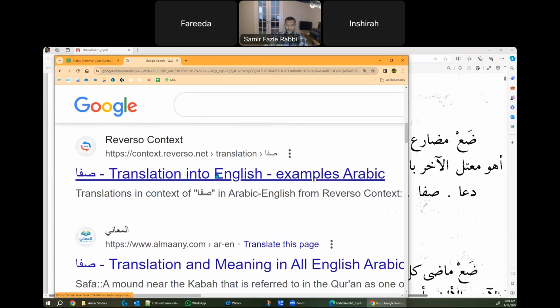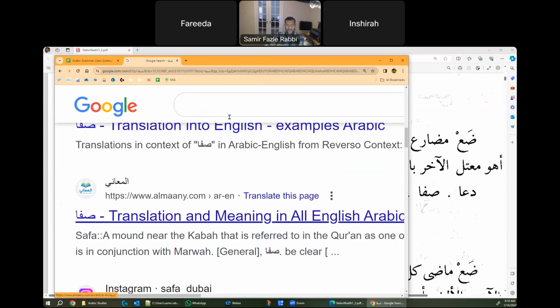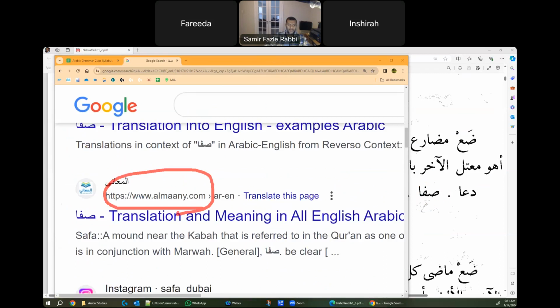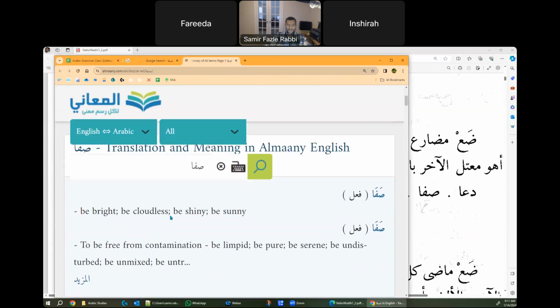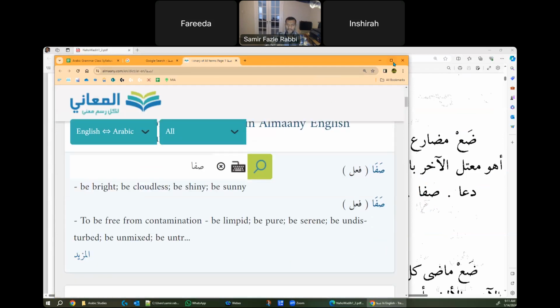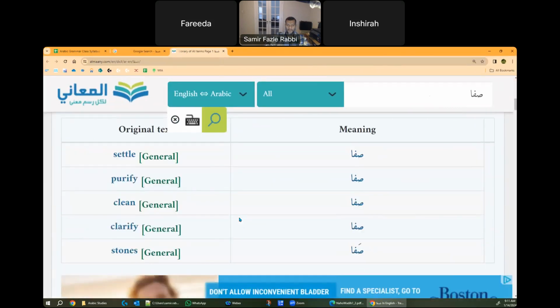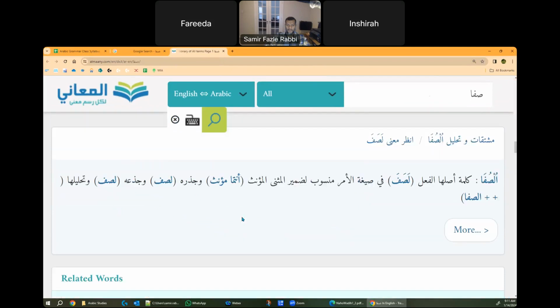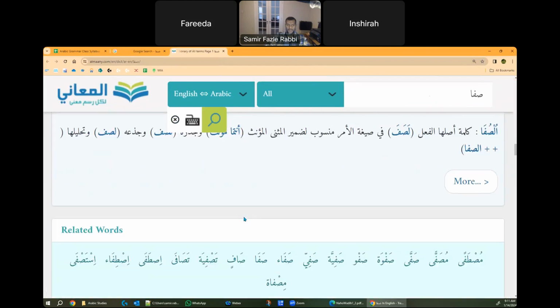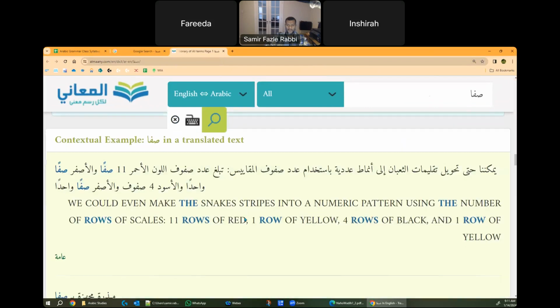This thing will probably have it too. And in this dictionary right here, al-ma'ani, this is good. Let's click on it right here and look. This particular dictionary, I believe it does multiple languages.